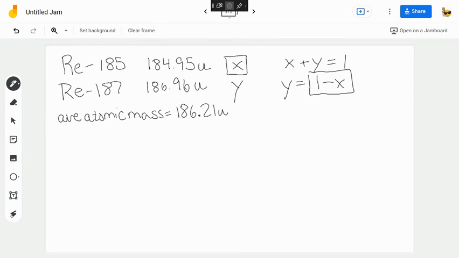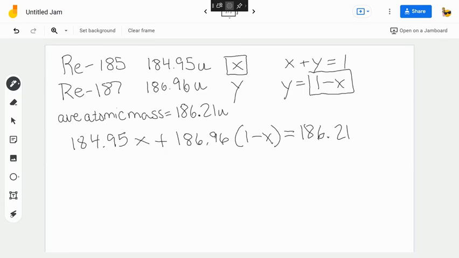So now let's calculate like we always do. Remember, we take the exact mass, 184.95, and we multiply it by the relative abundance as a decimal, which would be X. Then we add the other isotope, which is 186.96, and we'll multiply it by 1 minus X. And all of that's going to equal the average atomic mass, which is 186.21.